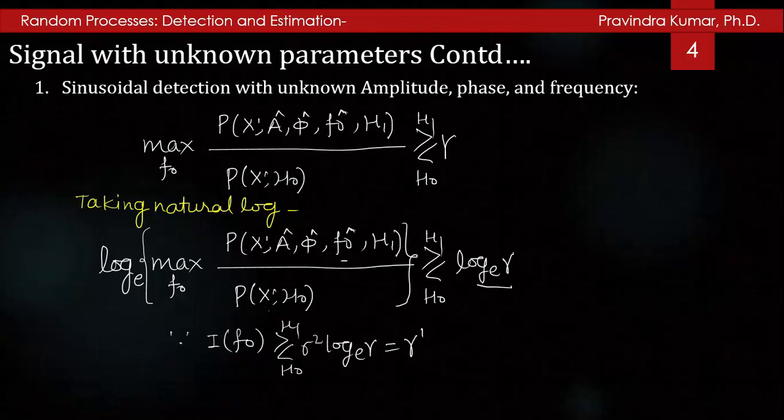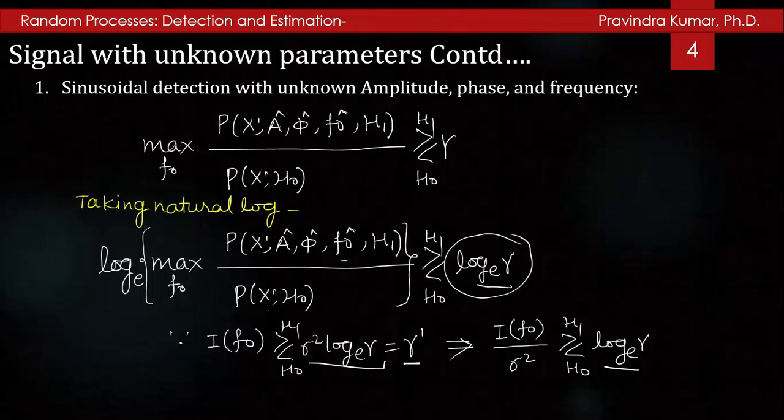From the previous lecture, we know I(F0), the periodogram, is compared with sigma square log gamma. This is the new threshold value gamma dash. From this expression, we can write I(F0) by sigma square compared with log gamma.